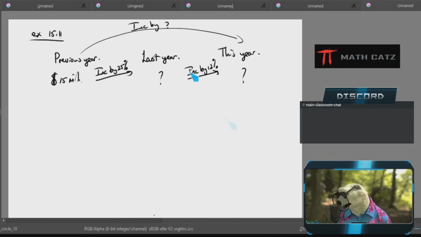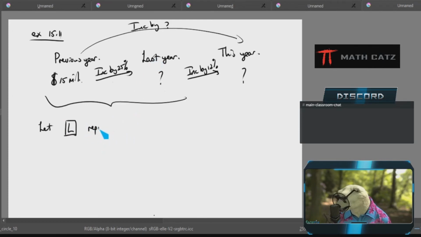So in this case, it is much more straightforward if I just focus on one step at a time. The first step is from the previous year to last year. I have three pieces, three numbers. There's the original, there's the new, and there's the increase. So let's say I'm going to put L in a box for last year.